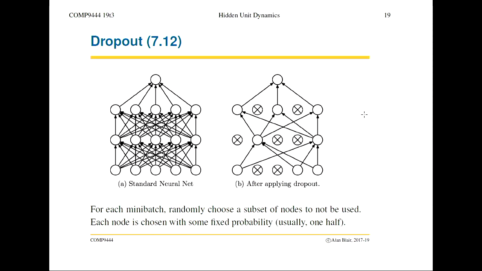So I randomly pick certain nodes to drop out, and I get a reduced architecture. I train that on the training data, and then I pick randomly another subset to drop out, and I train that. So you could imagine this theoretical experiment where you train hundreds of models, and each model is created by dropping out a different subset of nodes, and then you could ensemble them together.